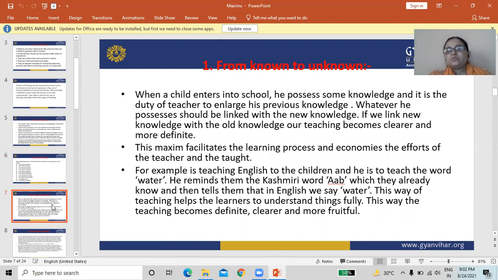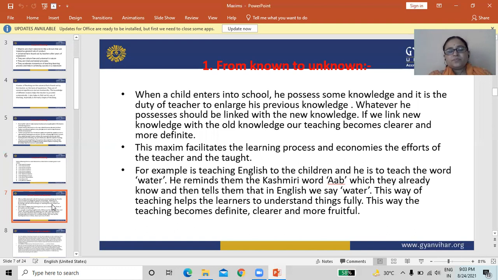If we link new knowledge with the old knowledge, our teaching becomes clear and more definite. This maxim facilitates the learning process and economizes the efforts of the teacher and the taught.